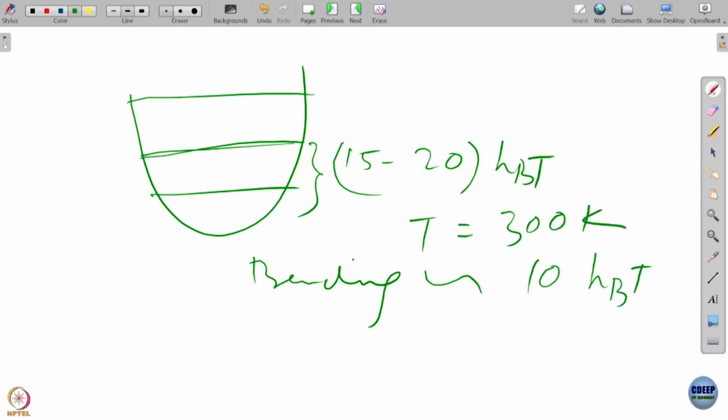So, this gap is large between the zero point vibration energy and the first one. So, this is the scenario we are looking at.